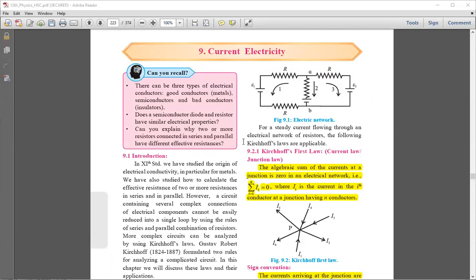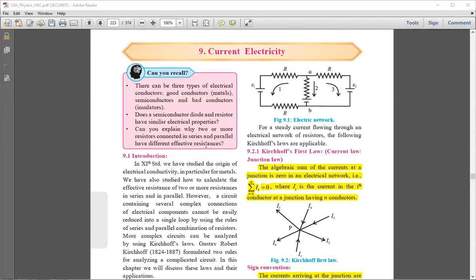Potentiometer is nothing but a device of which voltage changes with respect to change in length of wire. Then we have to see the method to determine unknown EMF, or EMF of unknown cells, and we also have a method to determine internal resistance of a cell. What is voltmeter? What is ammeter? All we have to learn in this chapter, current electricity of 12th.